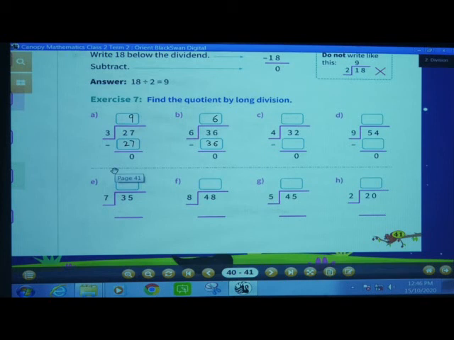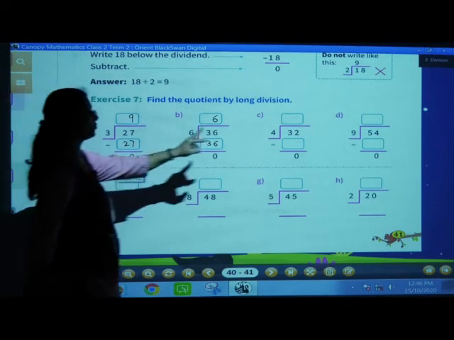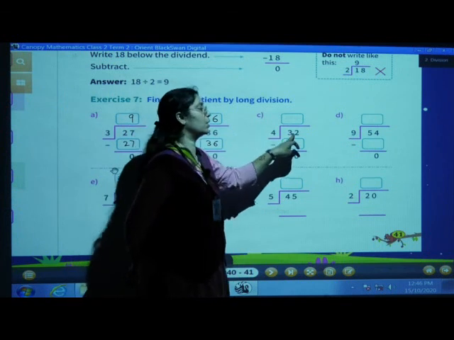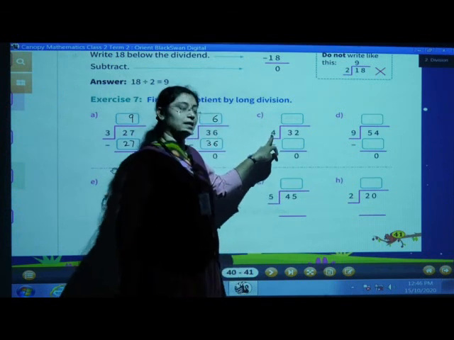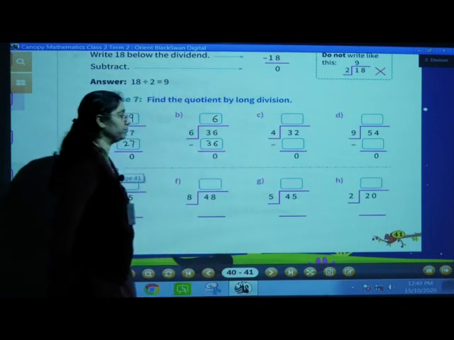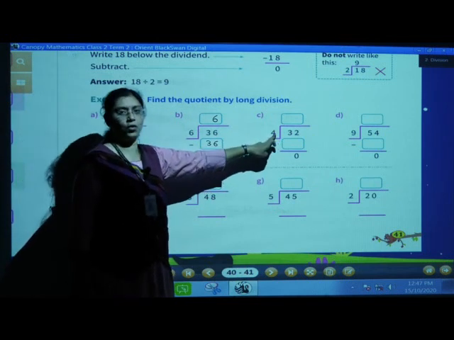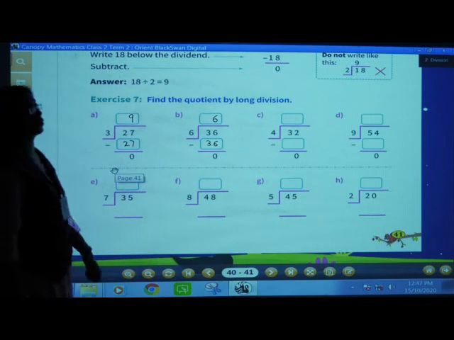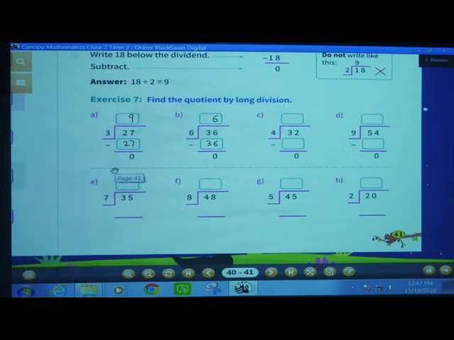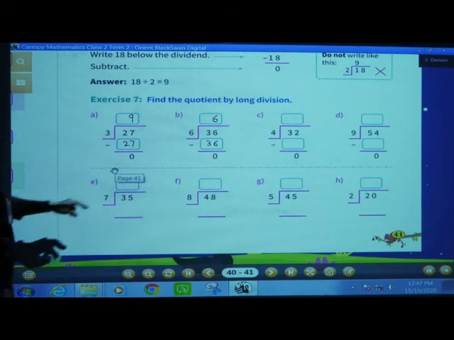Next, C number. 32 divided by 4. 32 is the dividend, 4 is the divisor. Say table of 4 till you reach 32. 4 ones are 4, 4 twos are 8, 4 threes are 12, 4 fours are 16, 4 fives are 20, 4 sixes are 24, 4 sevens are 28, 4 eights are 32.